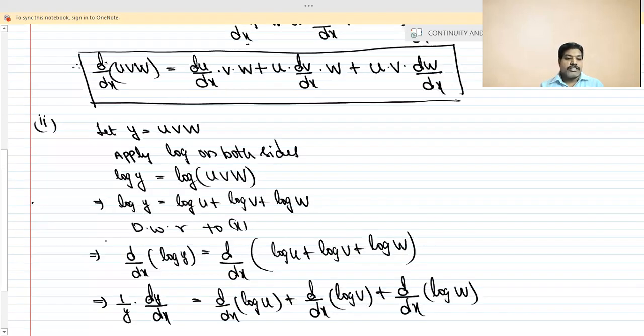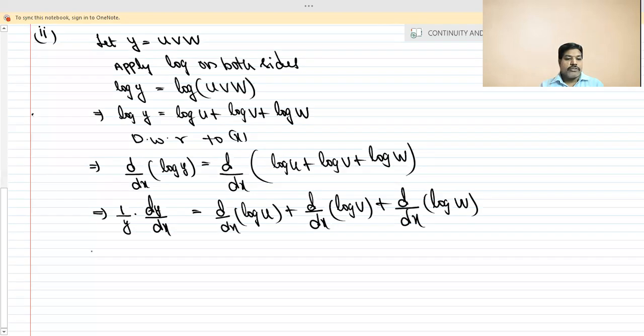Take this y to the other side. That implies dy by dx is equal to y into the derivative of log u. The derivative of log u is nothing but 1 by u into du by dx.